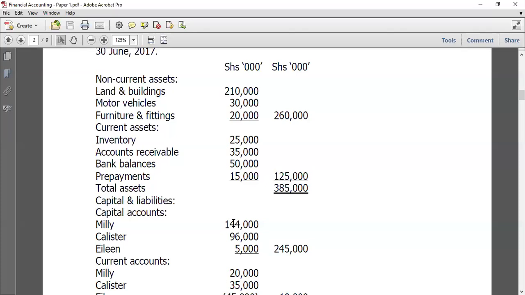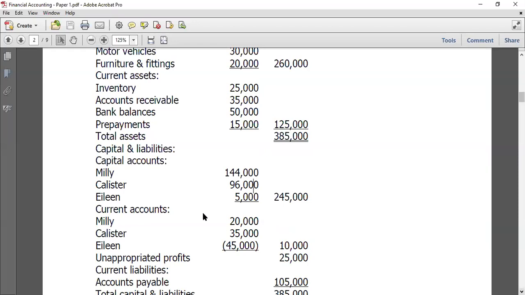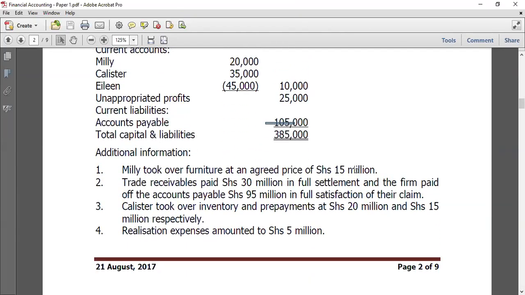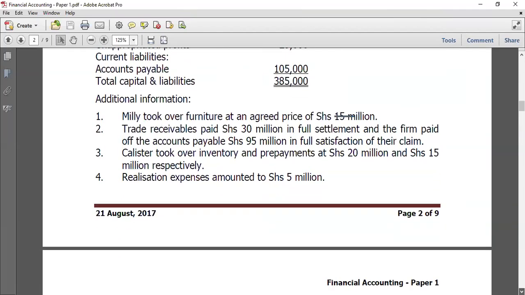Payments, we have that. Capital, total assets, we have this. This basically is what we have on the other side. And current account here, you also have these. We've done that. We had unappropriated profits, accounts receivable, we have that. And then we've also recorded the 15 million. We've also recorded these.